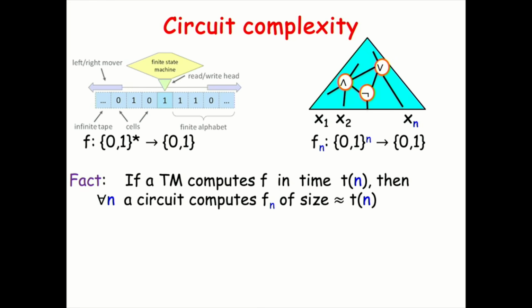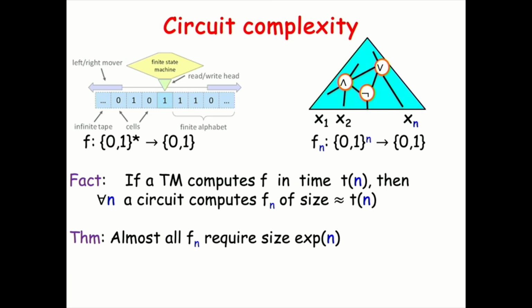In fact, it's very easy to see that if the Turing machine runs in time T of n, then the sizes of these circuits will be roughly the same size. So we can try to argue about these finite combinatorial objects, prove circuit bounds.